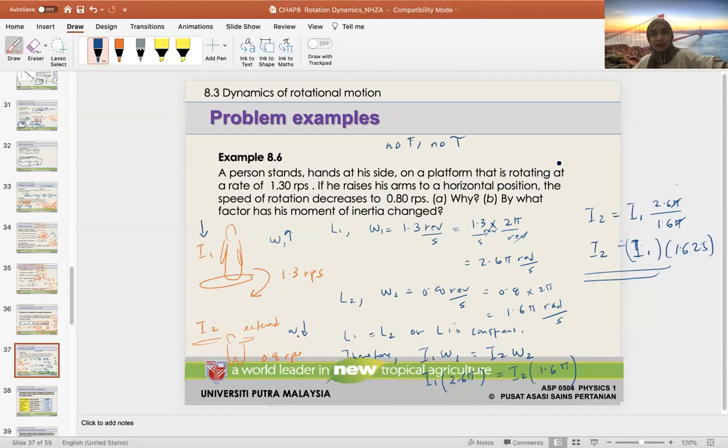When he extends his arms, by what factor has his moment of inertia changed? It means I2 in comparison to I1. Does that answer the question? Oh, okay. So this question is asking I2 in comparison with I1. Thank you, Doctor.